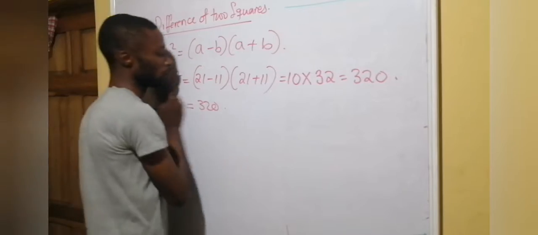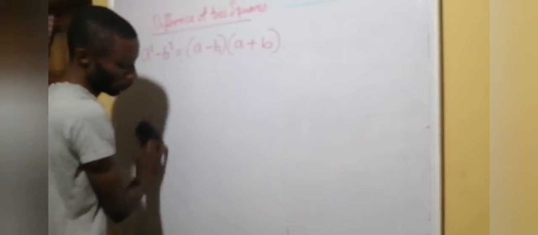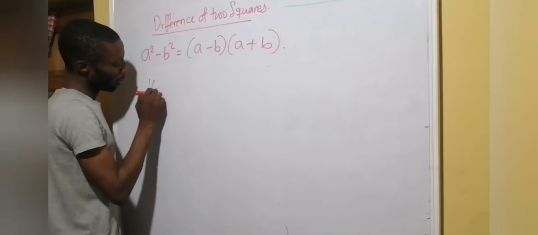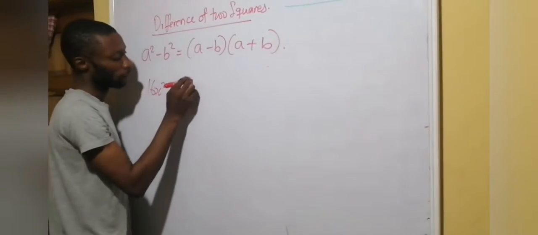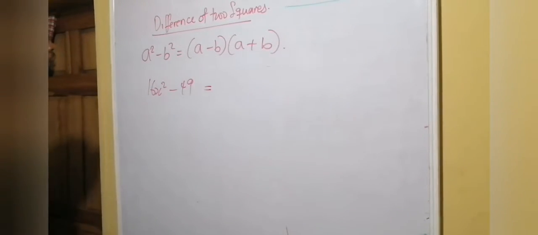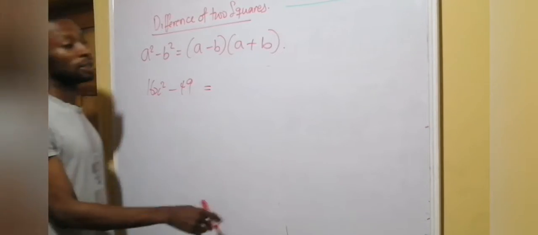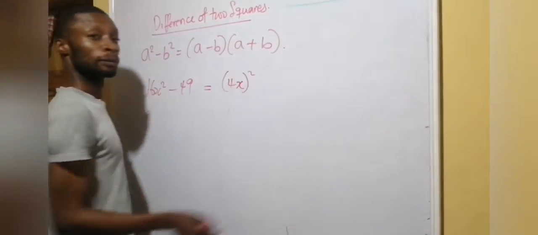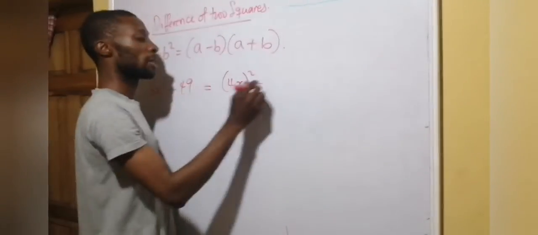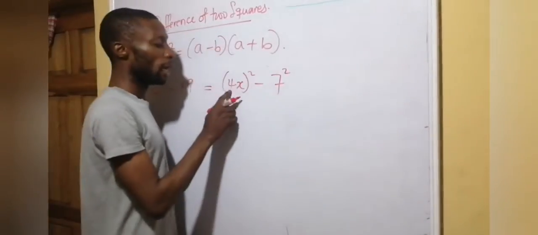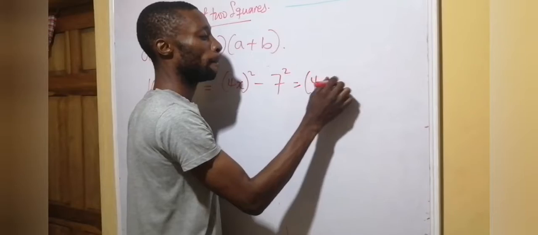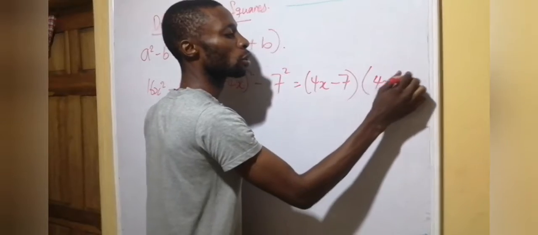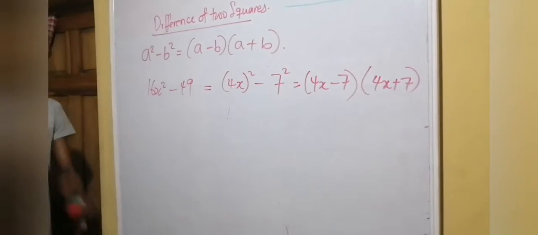So if I want to factorize 16x squared minus 49, very simple. 16 is 4 squared, x squared is x all squared, and 49 is 7 squared. So it is (4x minus 7)(4x plus 7). Easy to factorize, just straightforward.